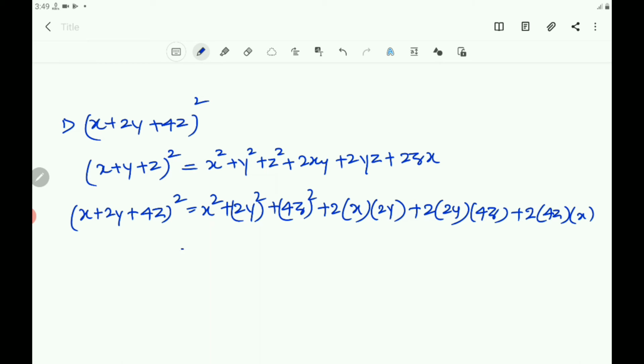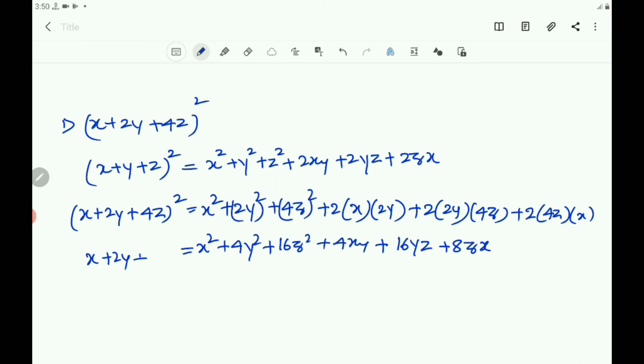Now you write equals x² plus (2y)² is 4y², plus (4z)² is 16z², plus 2 into x into 2y, 4xy, plus 2 into 2y into 4z, 2 fours are 8, 8 twos are 16yz, plus 2 fours 8, 8zx. You got the expansion of (x + 2y + 4z)².